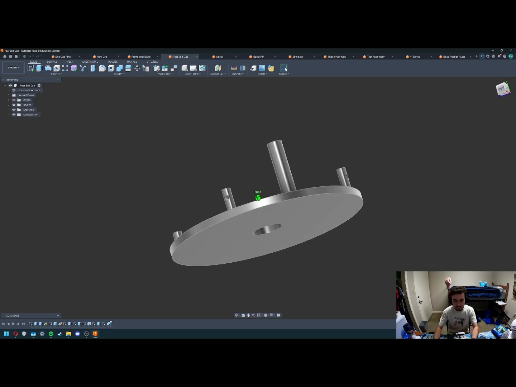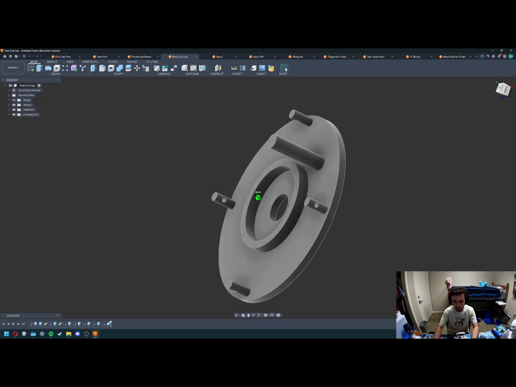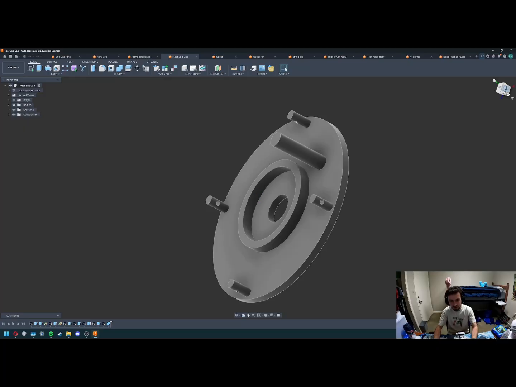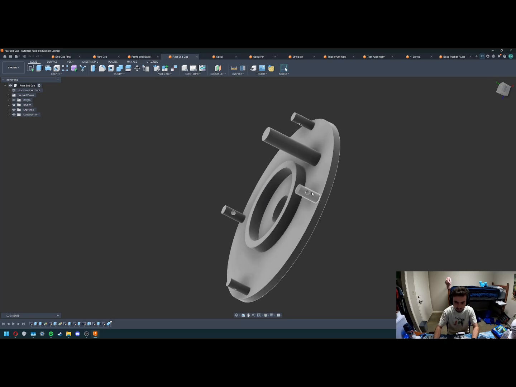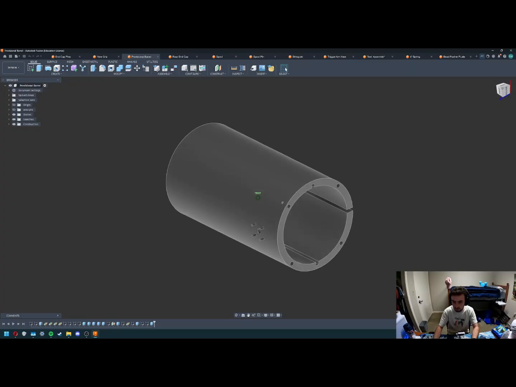So this is what the end cap looks like. We have this circle right here that is, as you can see, extruded out, that the spring sits around the outside of. And then we have, as you can see, these are the pegs that slot into these holes.